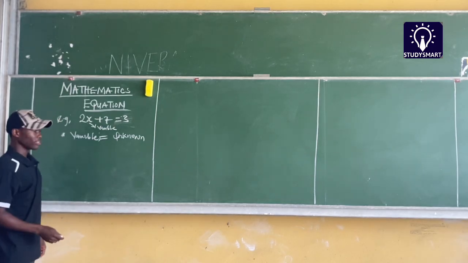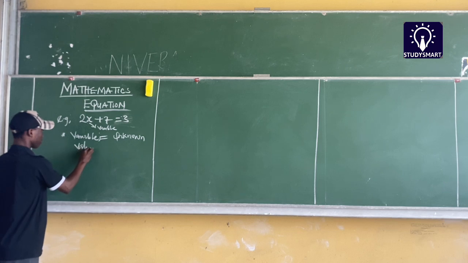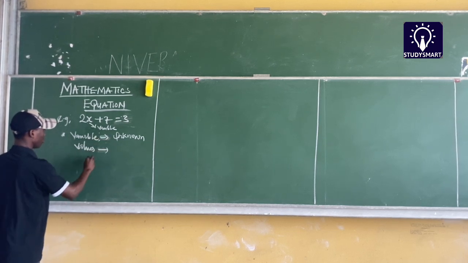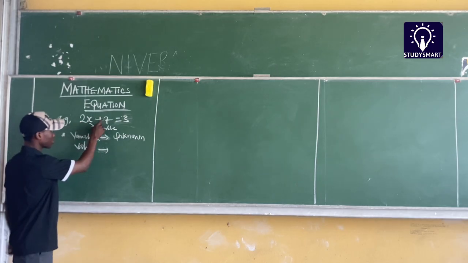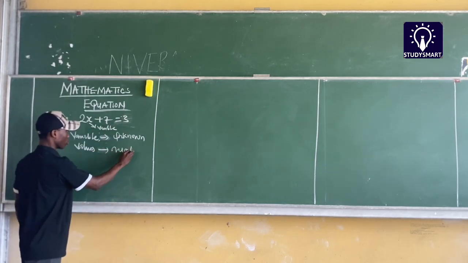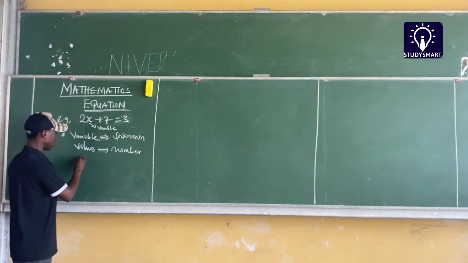The next thing is values. Values here means this and this. They are numbers. An equation must have numbers. An equation should also have signs.